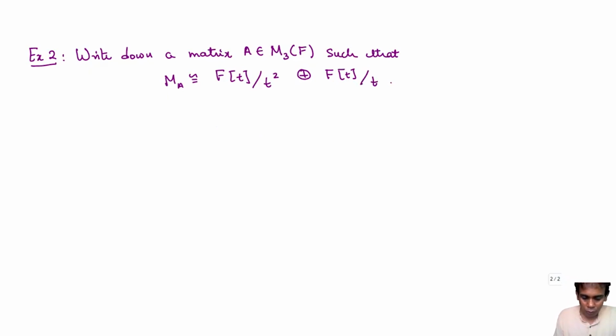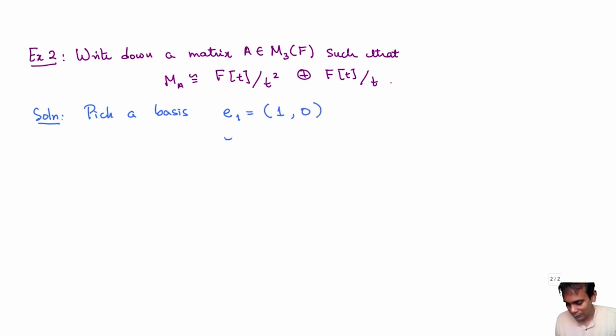So again, to solve this we have to pick a basis. e1 equals, so there are two summands here, so I'll take firstly the 1 from the first summand and 0 in the second summand, e2 to be t from the first summand, 0 from the second summand, and t squared in the first summand is 0, so I can stop here.